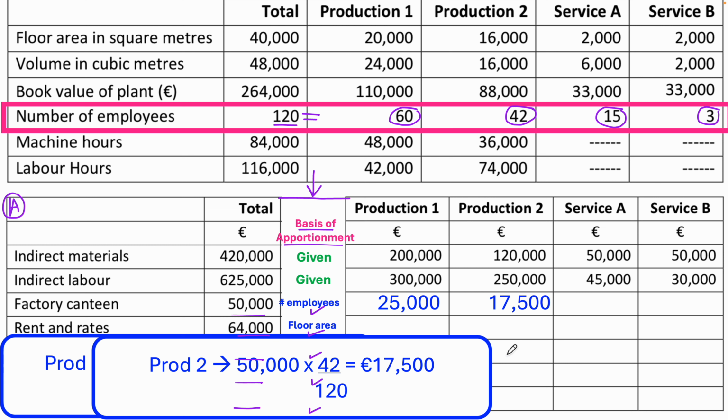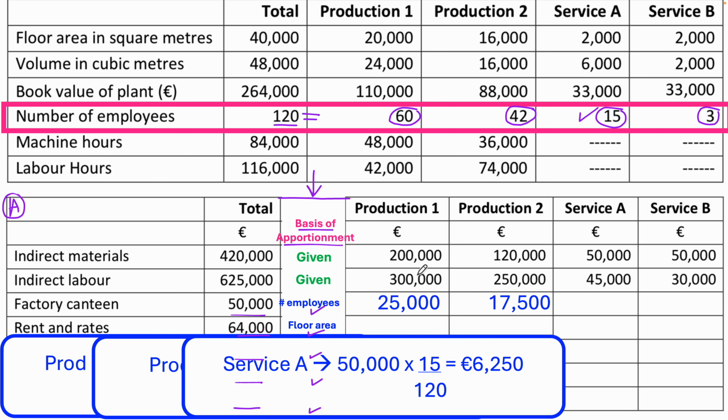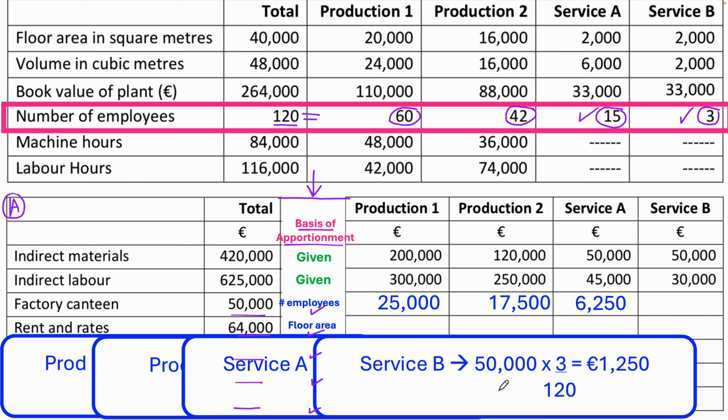That'll be 17,500 goes into production 2. Then service A, 15 out of the 120. So 50 multiplied by 15 over 120, 6,250. And then 3 divided by 120 multiplied by 50 is 1,250. If we add them all up, 25,000 and 17,500 and 6,250 and 1,250, that is 50,000 altogether.